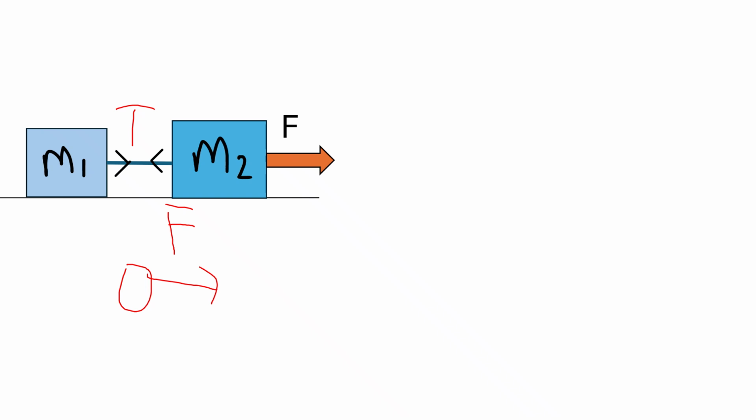So you just get F over M to be the acceleration. But in this case, M is equal to the sum of the two masses. So A is equal to F over M1 plus M2. This is the acceleration. But now, how do we get the tension?